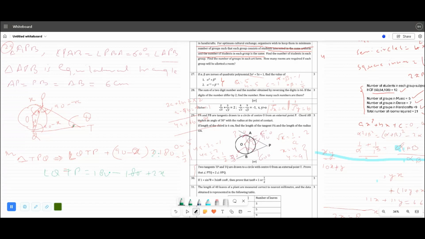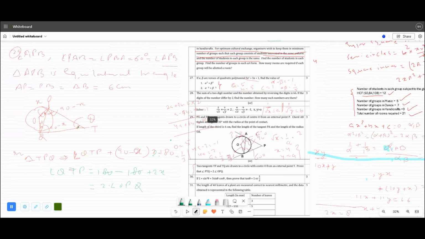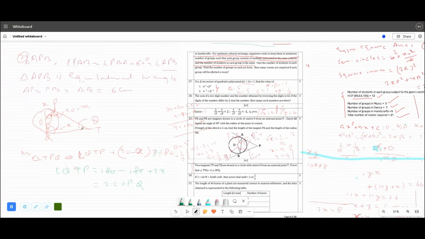So 180 minus 180. And what is x? X is this angle OPQ. So angle QTP is 2 into angle OPQ. That is what we want to prove. So this is proved. Right? I will move on to the next one.